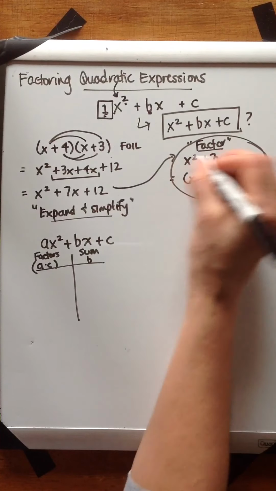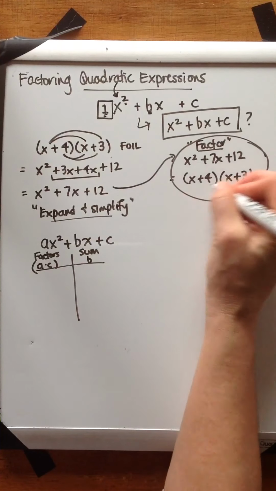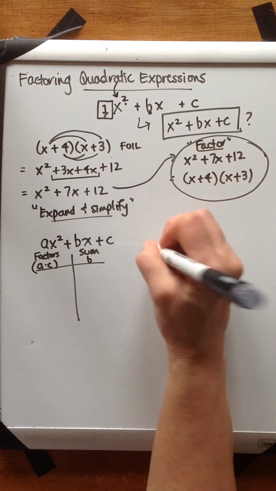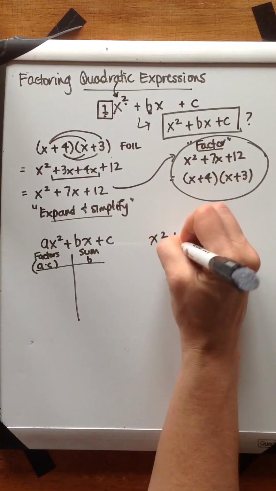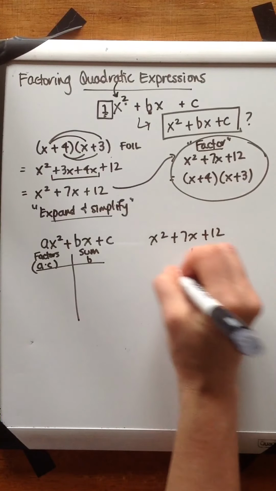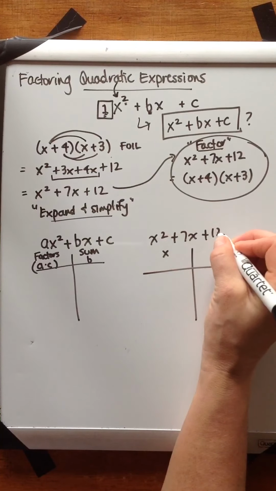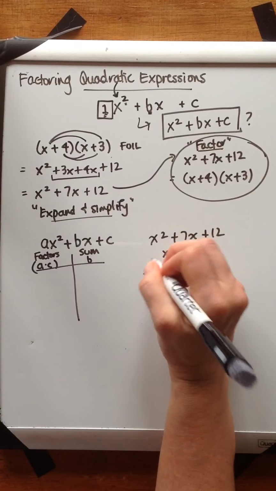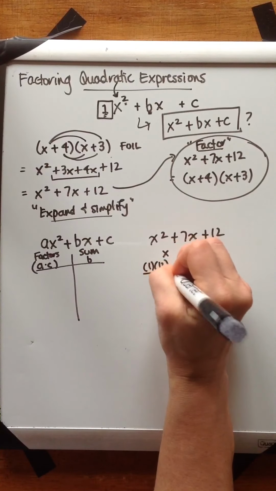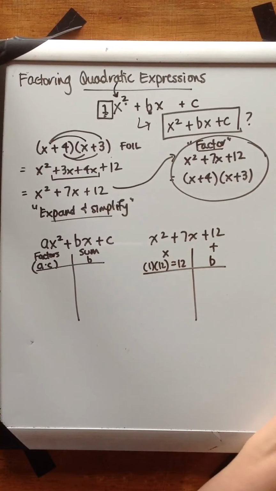So if we go back to the one we were asked to factor, and let's say we hadn't done this process first, here's what we would do. We would say to ourselves, what are two numbers that multiply to give A times C, or 1 times 12? And what are two numbers that add to give the B value of 7?